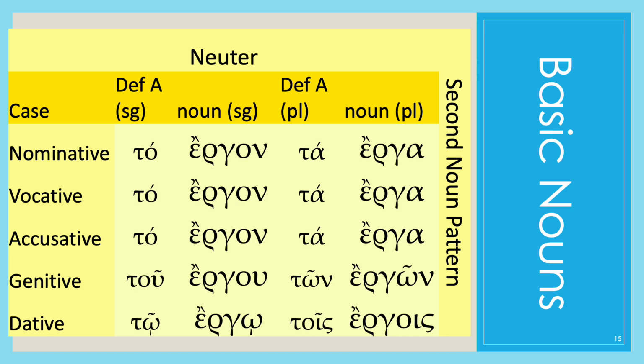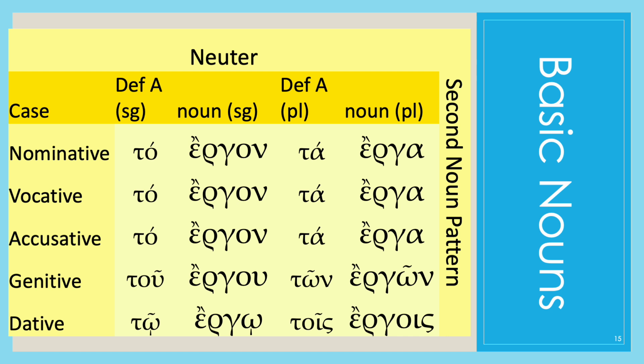For the neuter, I've used the example of the word ergon or erga, the word for works. We see, for example, in James and in Paul's epistles when he's talking about works and the difference between having salvation by grace or by works. So, to ergon is what we would find if it was nominative, vocative, or accusative. So we have to look at the context of the sentence to work out the difference between nominative or accusative.